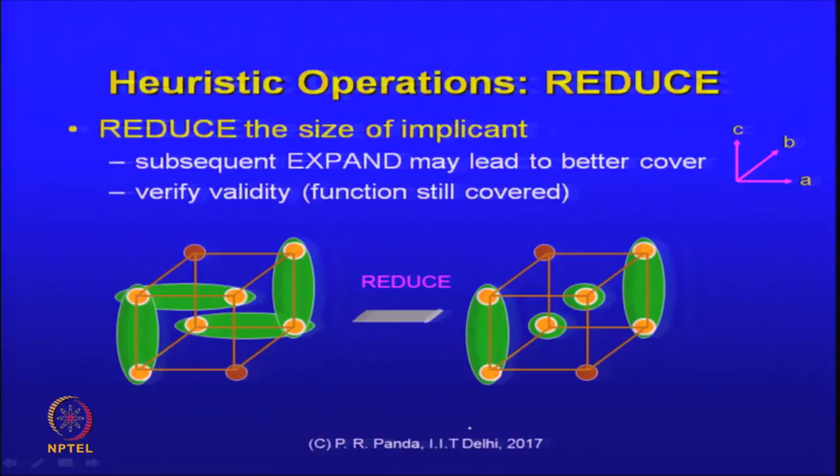But this itself does not necessarily lead to any improvement as it is, but it could be that you combine it with a subsequent expand operation that might lead to a better cover. It is just an elementary operation that by itself does not lead to a more optimized solution.